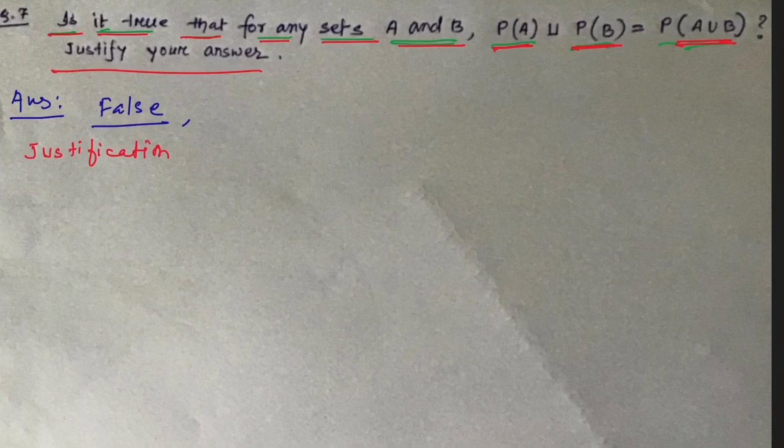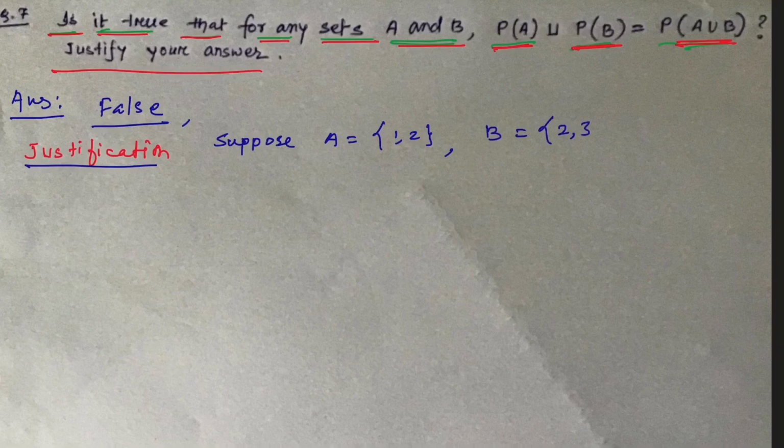In order to justify, let us take examples. Suppose set A is the set of 1 and 2, and set B consists of 2, 3. Then A union B will be 1, 2, 3.